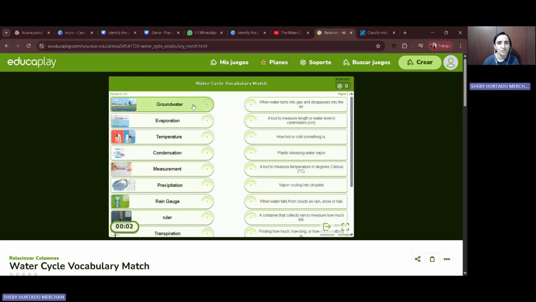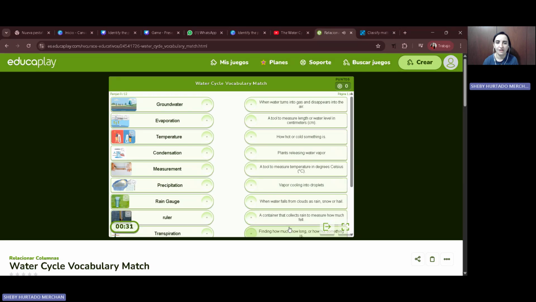Okay, we have to match the word with the definition. When water turns into gas. To measure length. How hot or cold something is. Water stored underground. We have to choose which one is groundwater. Water from gas.